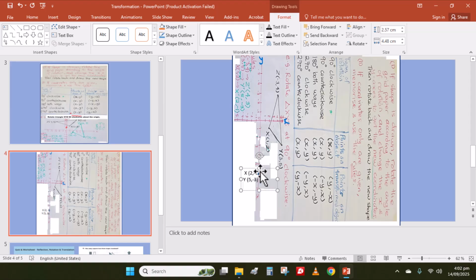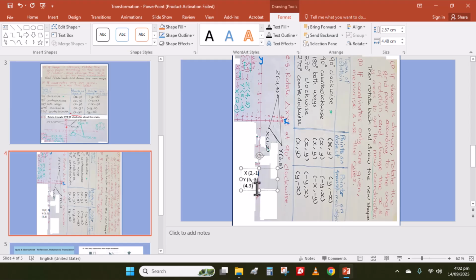Let's continue to point z. Point z now has a new x coordinate of 4 and a new y coordinate of positive 3.